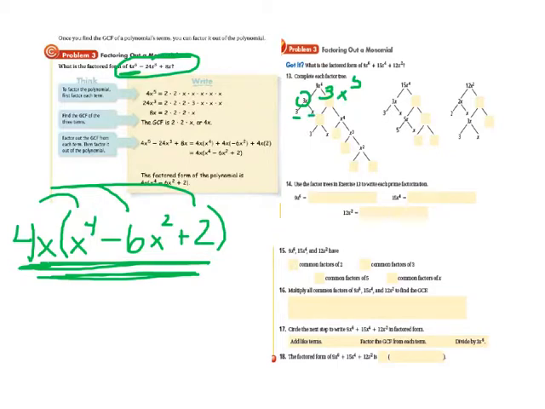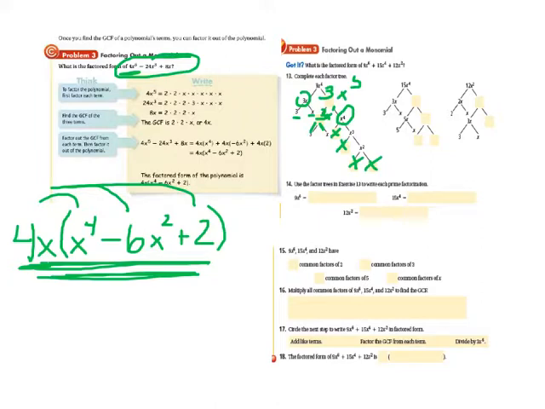This one can be divided by 3x and x to the 4th. And then you can see they broke that 3 and the x down here. X to the 4th is x times x to the 3rd times x times x to the 2nd, and then x, and then x. And when you do it this way, then you just bring down your prime factors and put them all together.